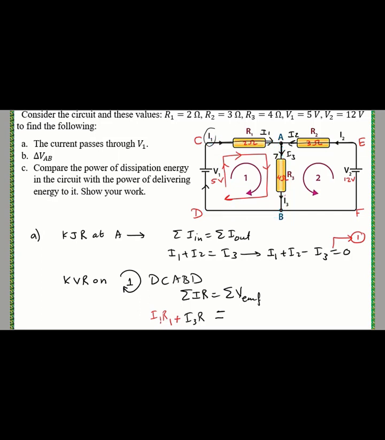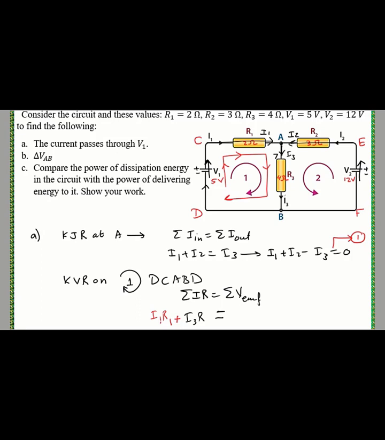Now we can check for the electromotive forces. First, the electromotive forces for V1, it is from D to C, and for V2 from F to E, from the negative to the positive terminal inside the battery.